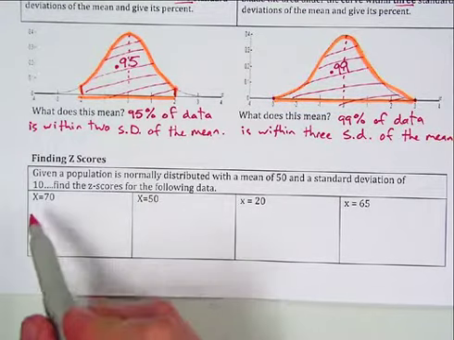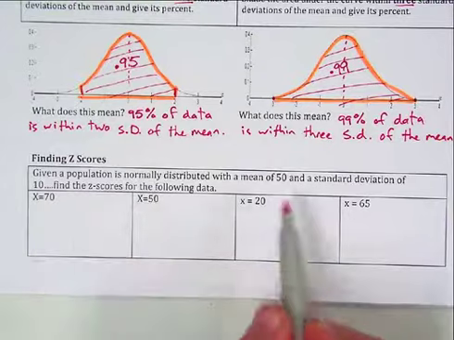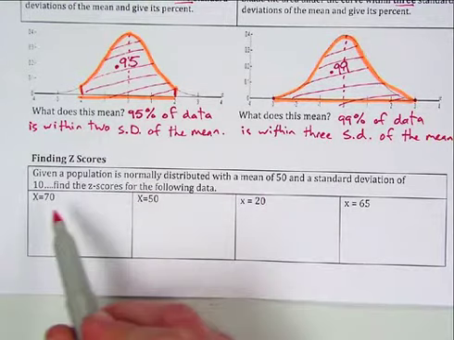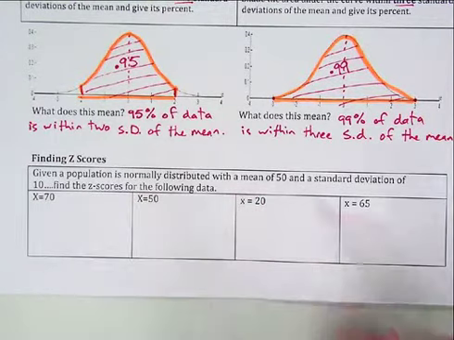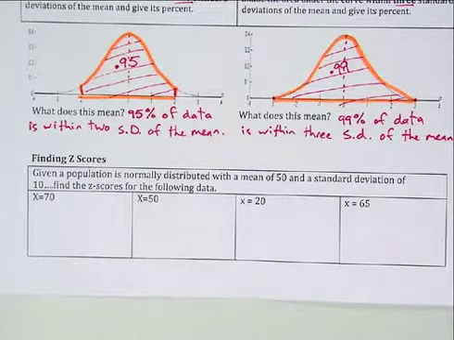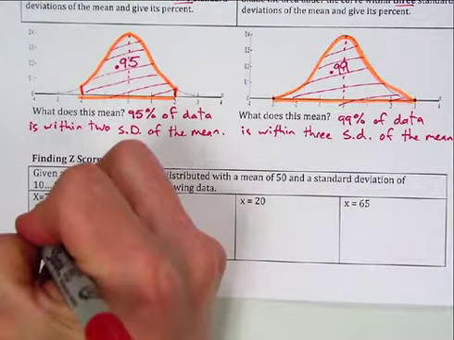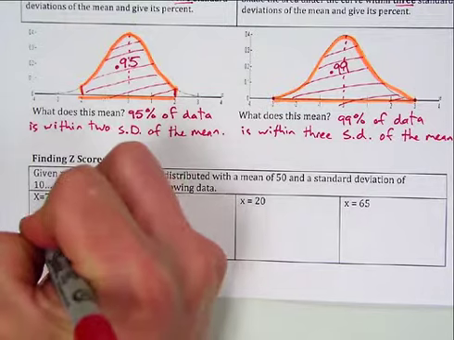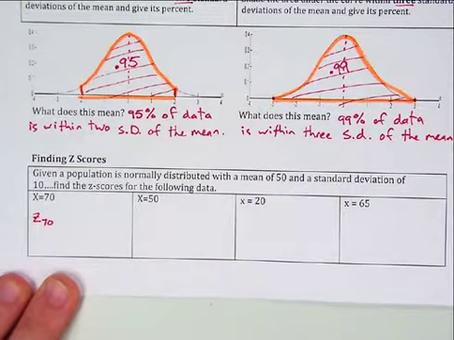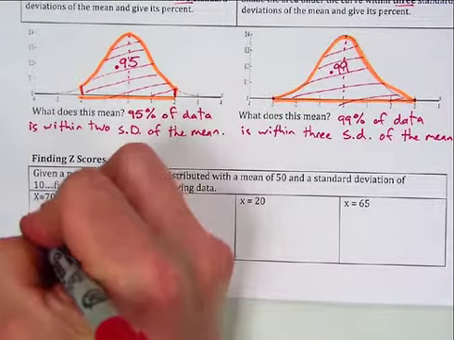So when we think about this, x equals 70 and the mean was 50. So 70 is bigger than 50. Our z-score has to be positive. So what we want to do here is find the z-score for 70. So we just write z of 70.